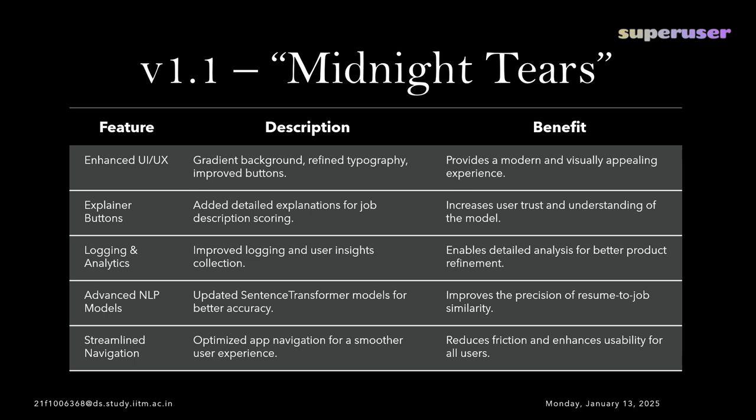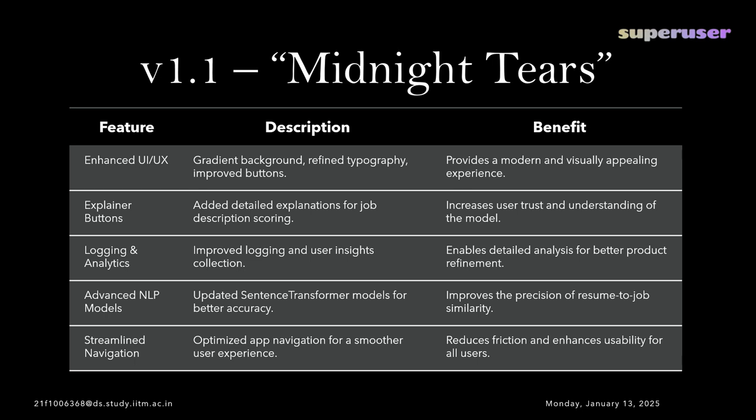We had made that initial application based on the concept that people understand machine learning. A lot of folks don't. So they are end users. So we have tried to put some explainer buttons.